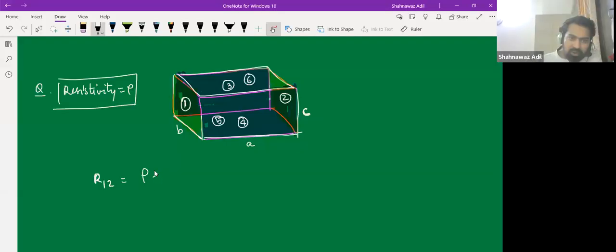So then the resistance between this surface and this surface would be rho L12 divided by area A1, right?